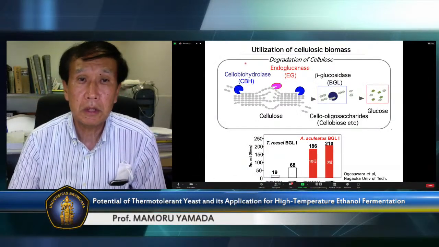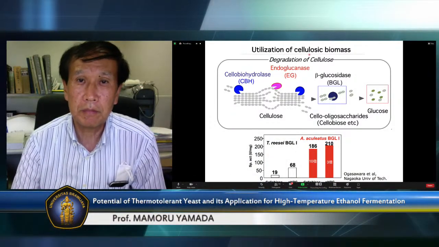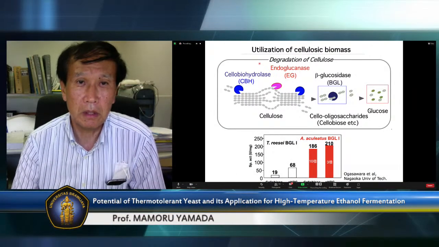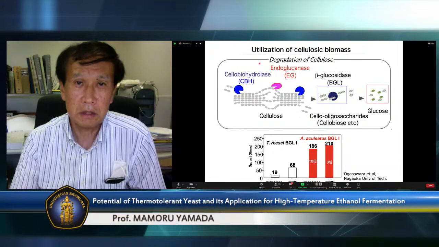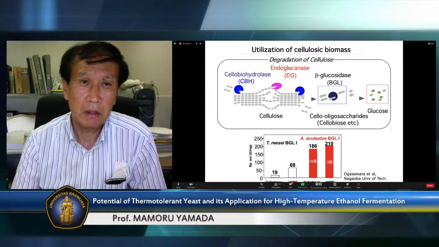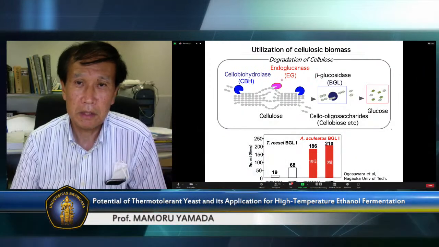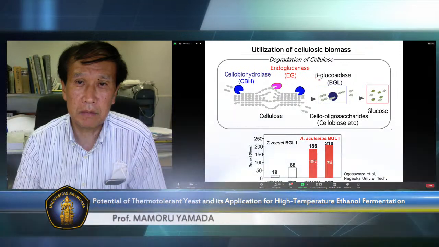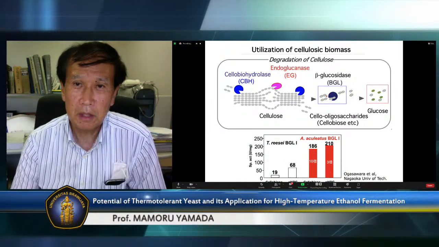As you know, when we utilize cellulosic biomass, we need expensive cellulases. There are 3 typical main cellulases: cellobiohydrolase, glucanase and beta-glucosidase.